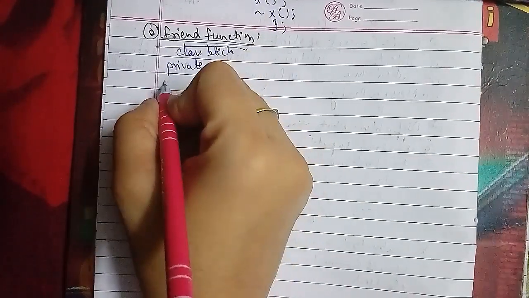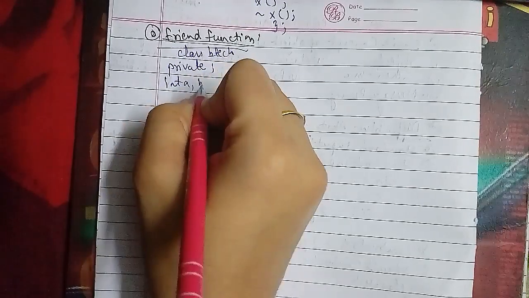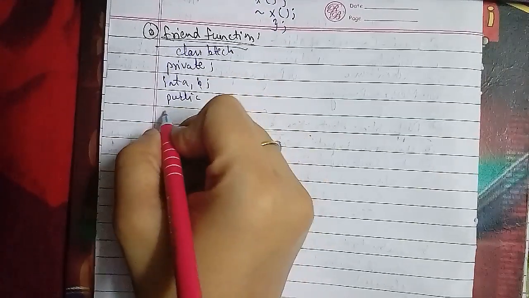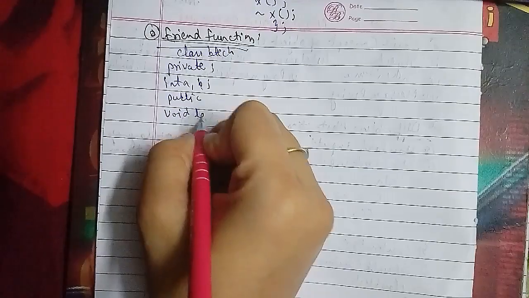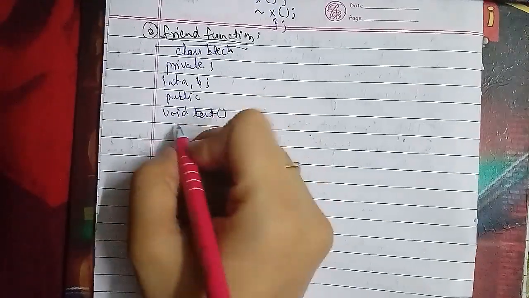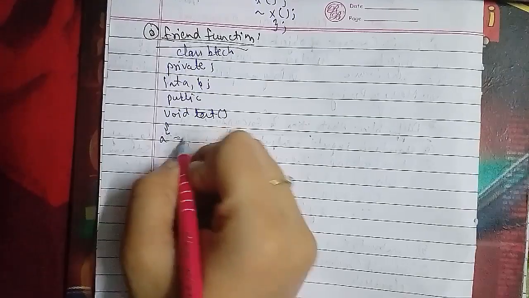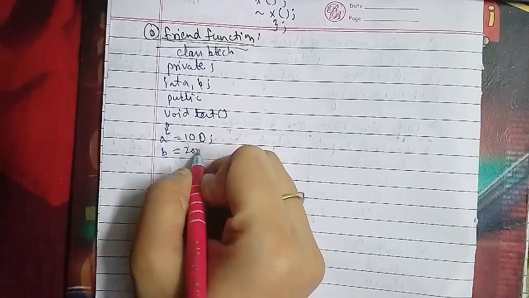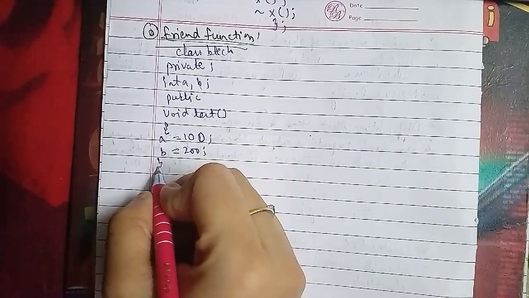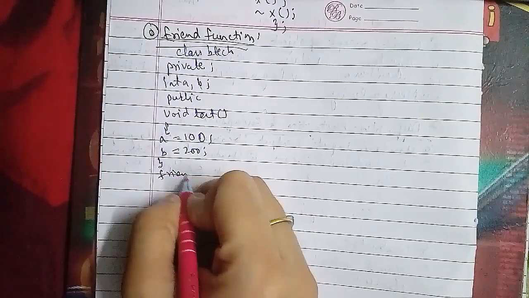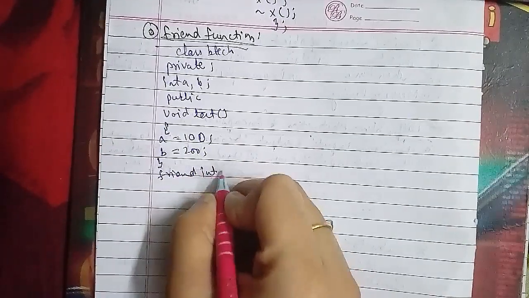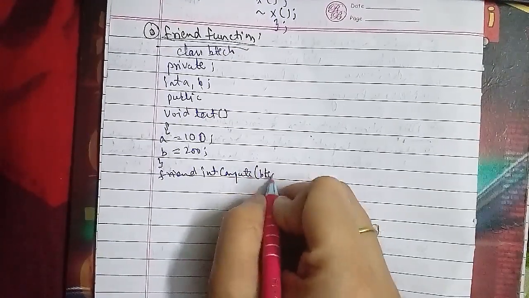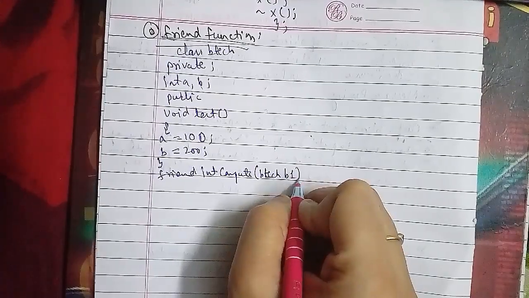That is main. In the case of main, BTech b, b.test, then cout, the result is compute b, and this is the calling of the friend function with an object as an argument.